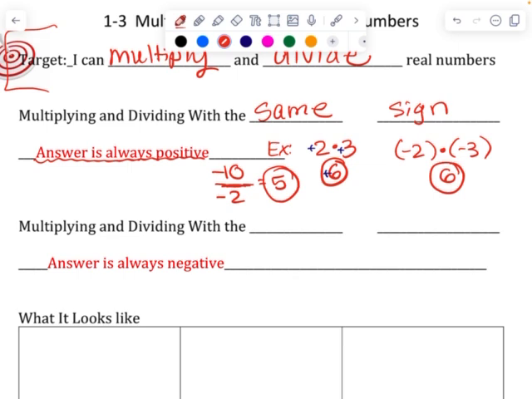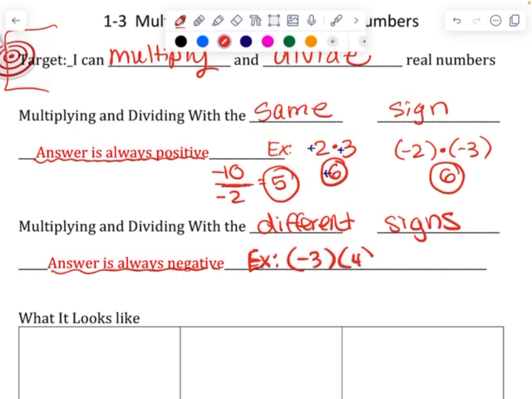Multiplying and dividing with different signs, the answer is always negative. So let's come up with an example there. Okay, I have, let's say, negative 3 times positive 4. The rule states that my answer is always negative.